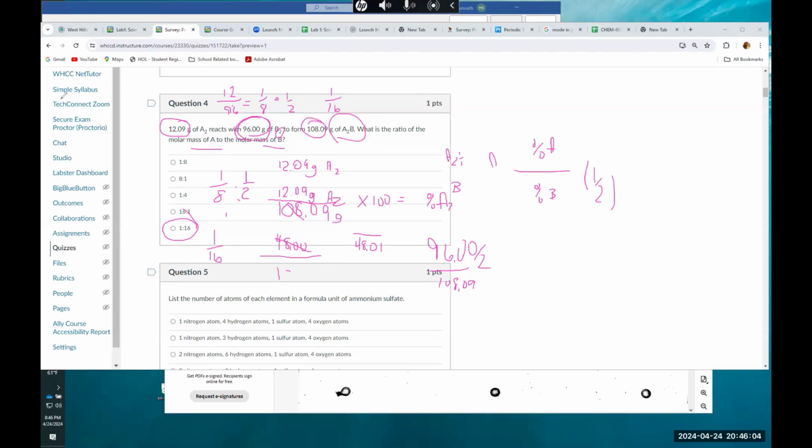So let's see if I can do it another way. Okay, so we're saying a squared plus b squared yields... okay.